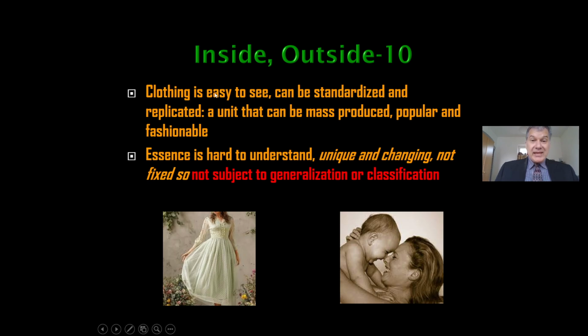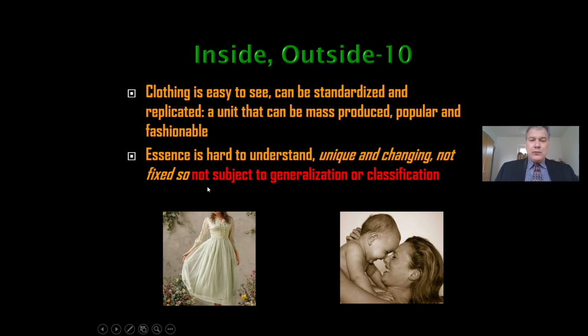So when you understand that the clothing is easy to see and it can be standardized, right? You can make 10,000 clothes, right, of the same mechanical attributes, okay? Or physical attributes, same color, same form, same texture, okay?